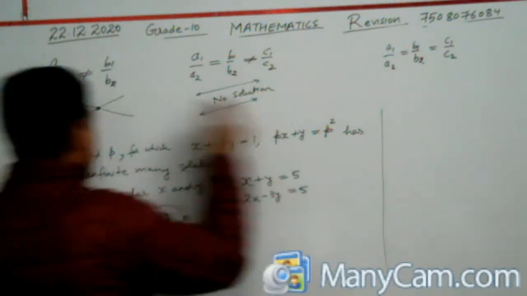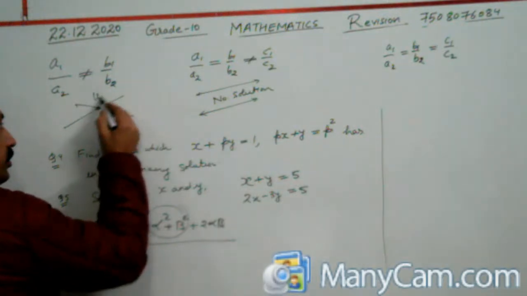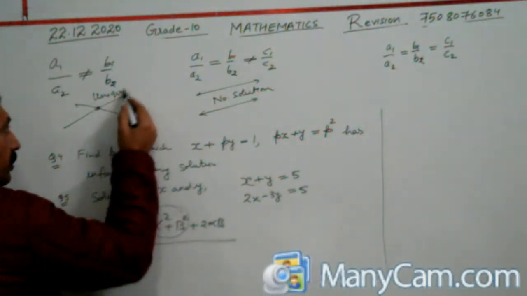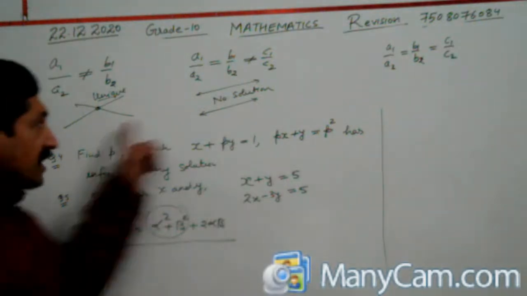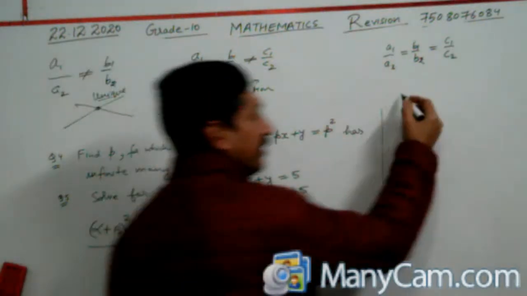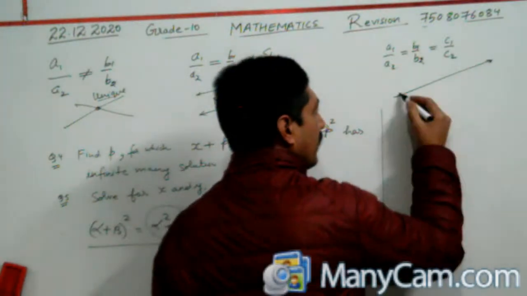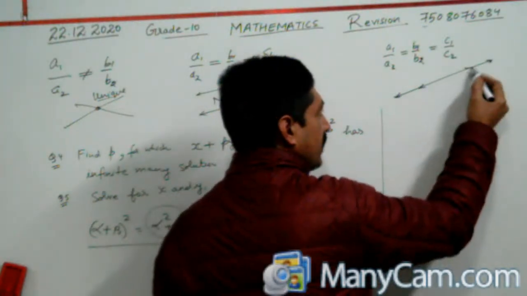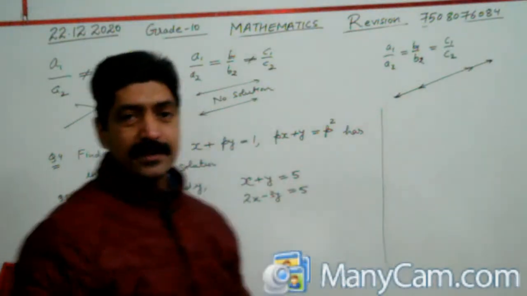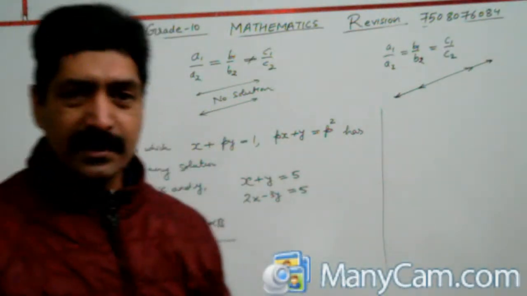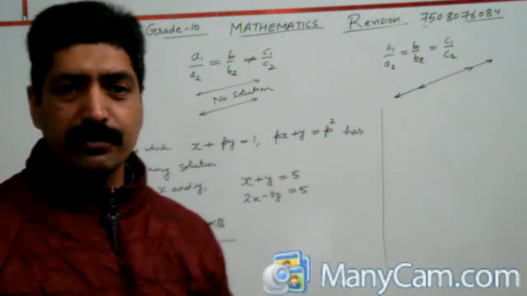Here we have a unique solution. And in the first and third case, the two lines overlap on one another, or we say the two lines coincide, right? The cases table is drawn in the book very beautifully.